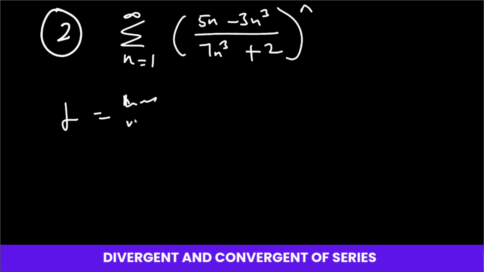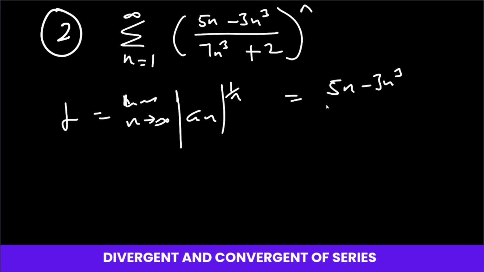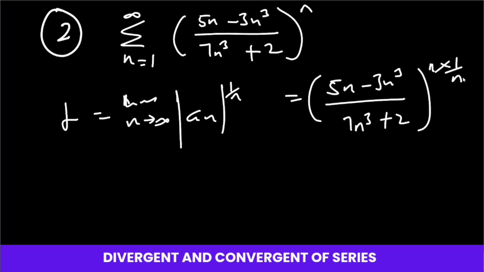So L is equal to the limit as n approaches infinity of a_n, all to the power 1 on n. This can be written as 5n minus 3n cubed, divided by 7n cubed plus 2, all to the power 1 on n, times 1 over n. We have 1 over n here already, and this will cancel this.